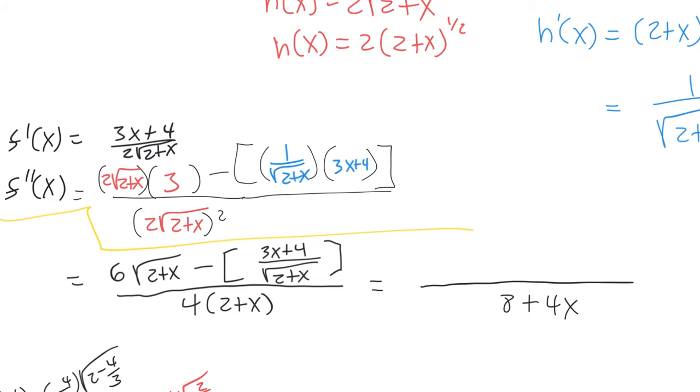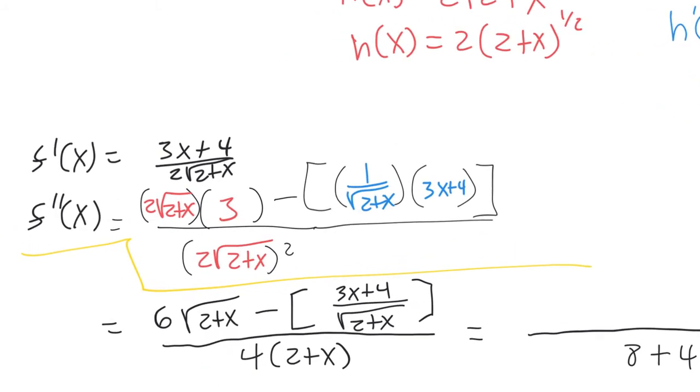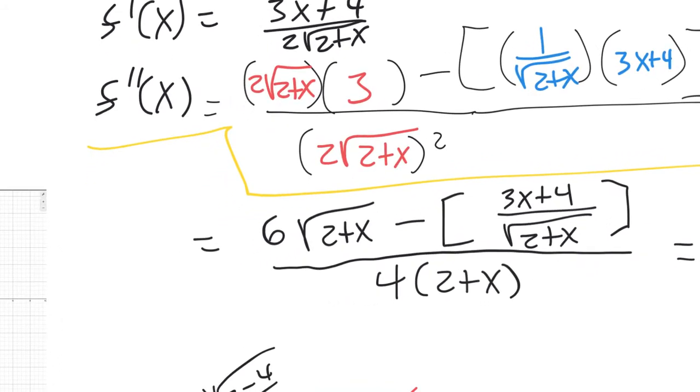On the top, if we were to force these terms to have the same common denominator, we could multiply the first term by radical 2 plus x over radical 2 plus x.